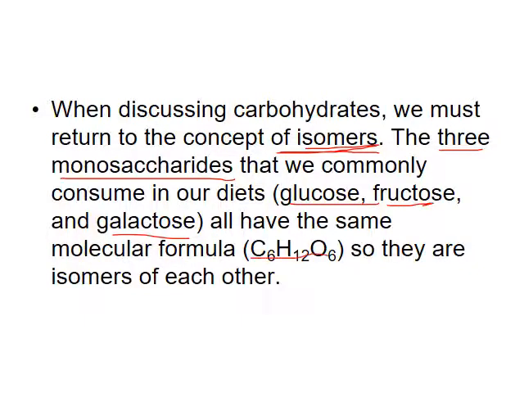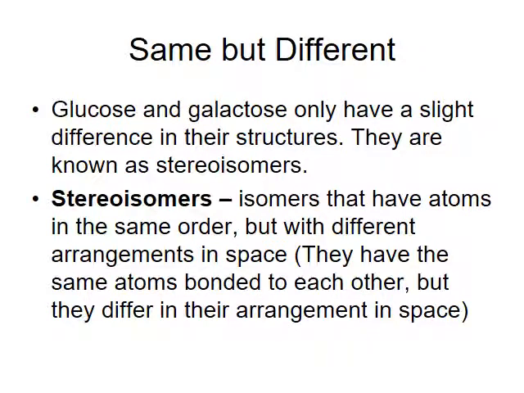They always have the same chemical formula, but they're not the same. They don't have the same bondings. So they're isomers, which means same chemical formula, different bonding. So they're same but different.